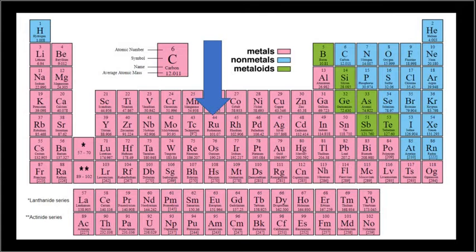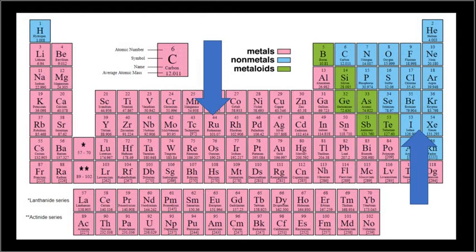Okay, so these are things that are going to be shiny, they're going to be bendable, they are going to conduct electricity. Everything from things that we know about like gold and silver to strange things we may have never heard of before like zirconium and lawrencium. Okay, but they are all considered metals, all of those purple ones.